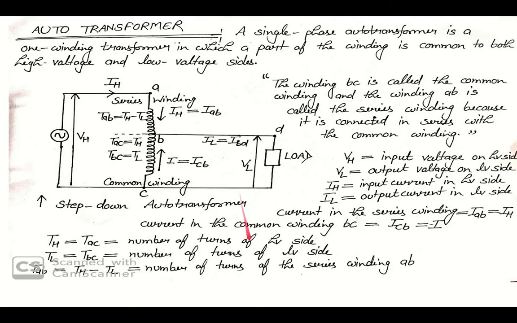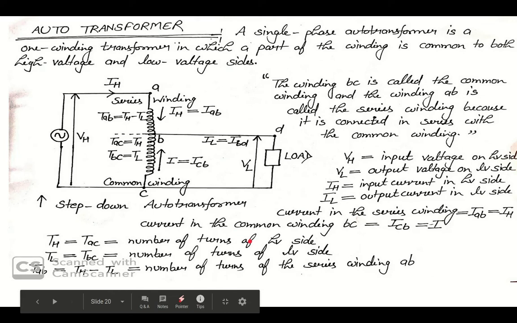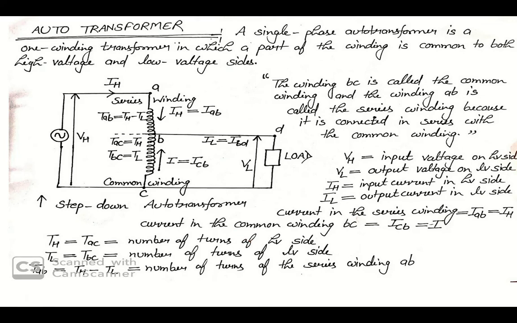In an auto transformer, there are two voltage ratios, namely circuit voltage ratio and winding voltage ratio. So this is your step down auto transformer.